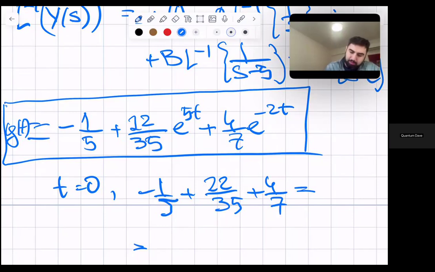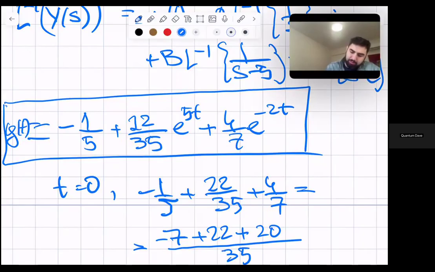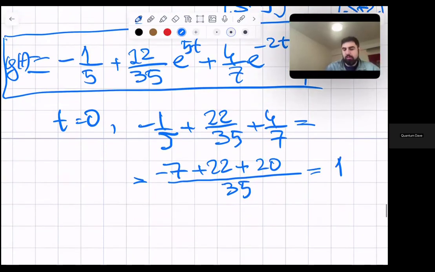Okay, we can use a common denominator of 35: minus 7 plus 22 plus 20, over 35, which as you can see is 1. Okay, that holds up.